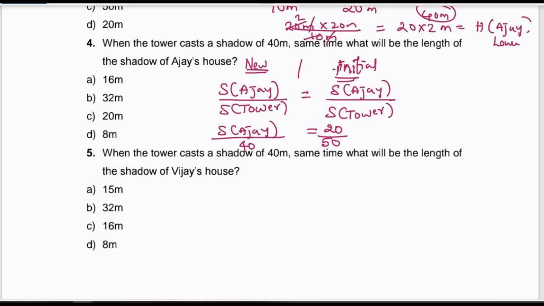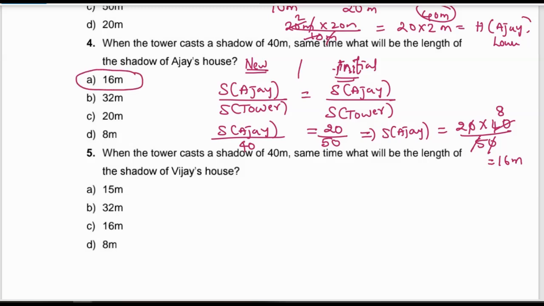So now shadow of Ajay will be 20 into 40 cross multiplication divided by 50. 0 and 0 cancel. 5 one time, 5 8s are 40. So 8 into 2 is 16. So it is 16 meter. So the new shadow formed of Ajay house is 16 meter.